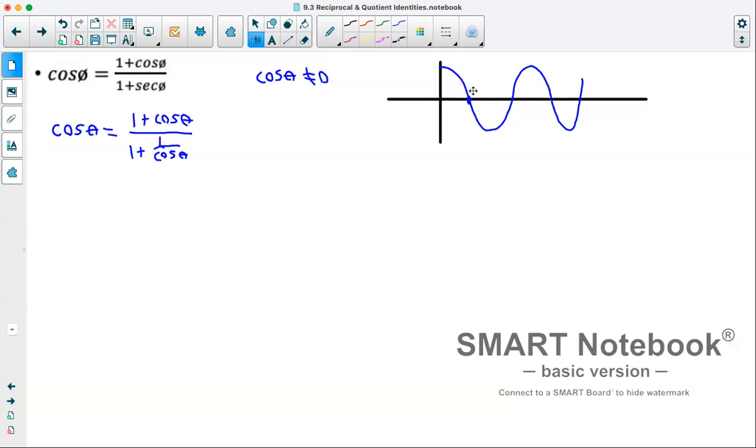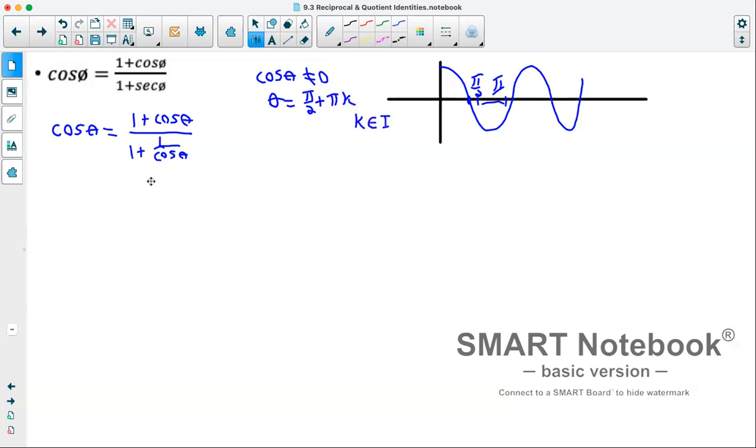Its first 0 is at pi over 2, and then these repeat every pi. So therefore, theta cannot equal pi over 2 plus pi times k, where once again, k is any integer.